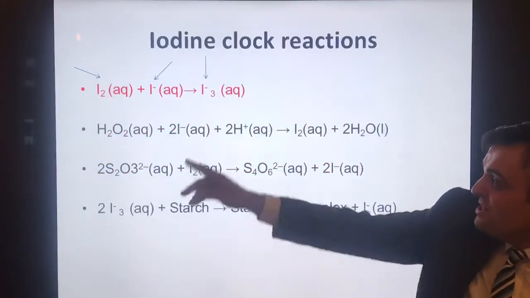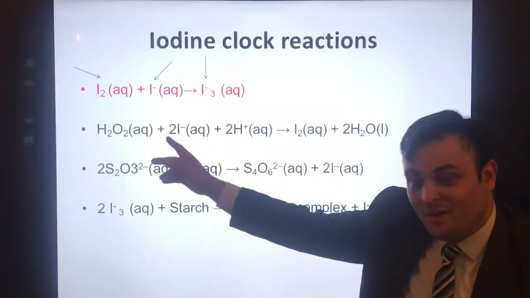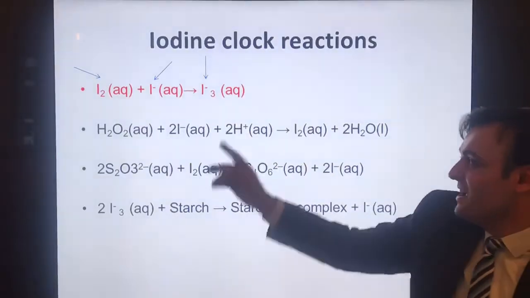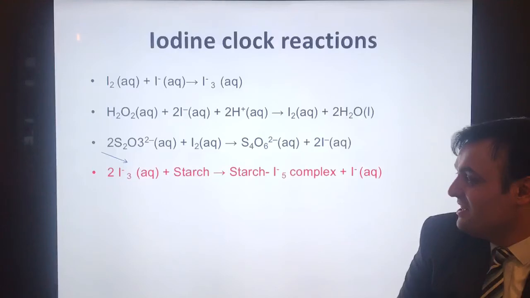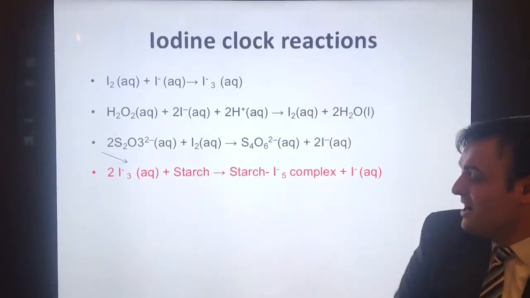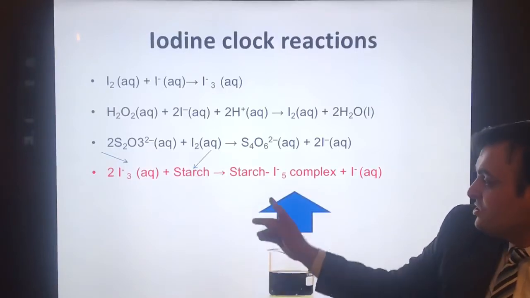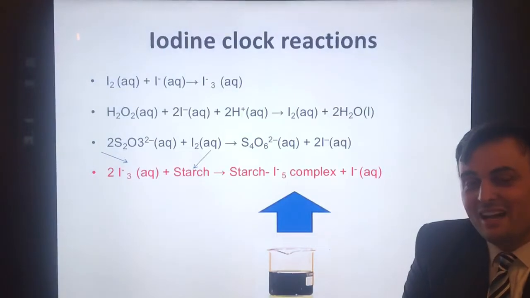Referring to the first equation, iodine, which we have now, can react with the rest of the iodide to create triiodide. In the last equation, triiodide reacts with the starch to create a starch pentaiodide complex, which has a characteristic blue-black color.